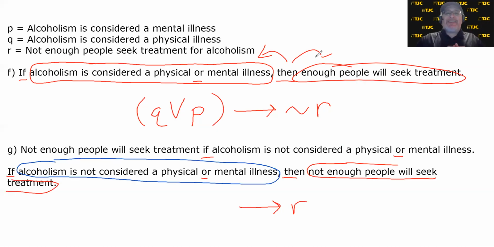We need to think about how to state this so that both halves of the or are whole sentences. Right now, on the left of the or is alcoholism is not considered a physical, and on the right it just says mental illness. But if we were to unpackage both simple statements in their entirety, it would be alcoholism is not considered a physical illness, or alcoholism is not considered a mental illness.